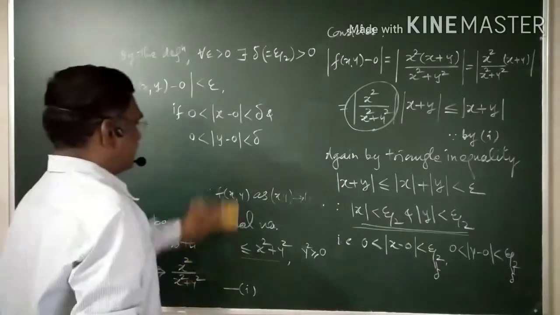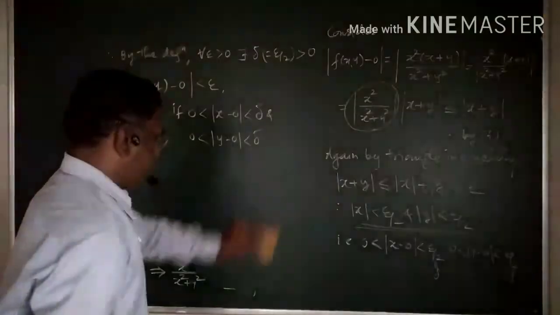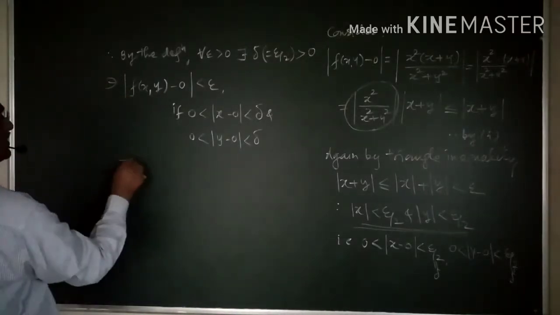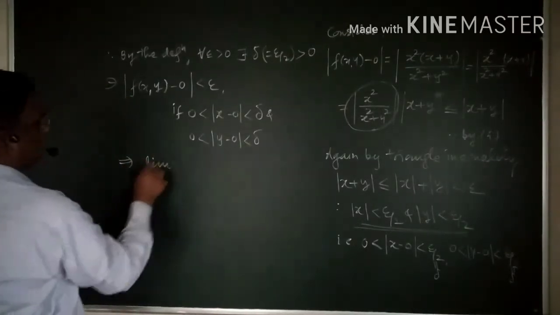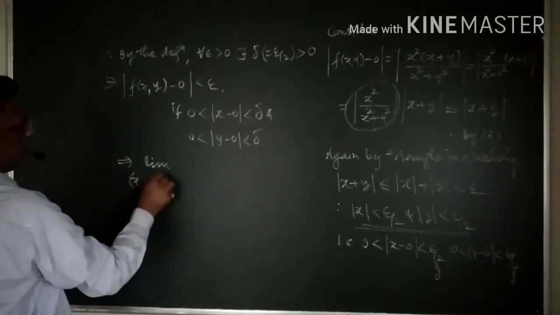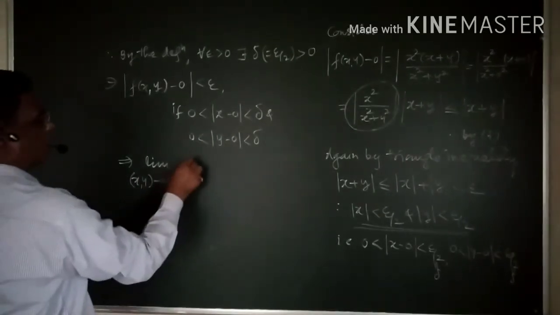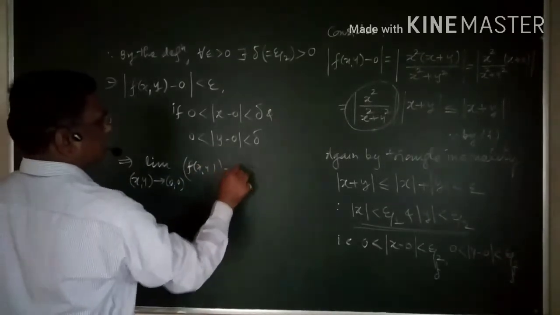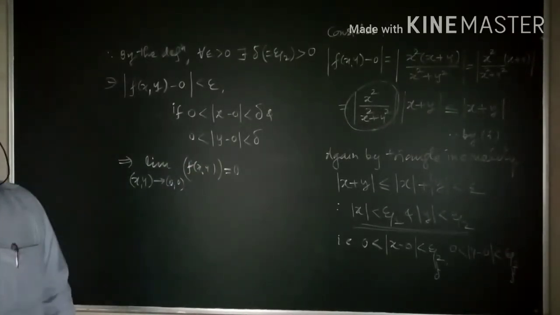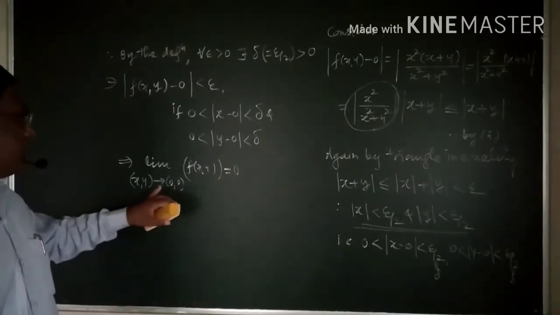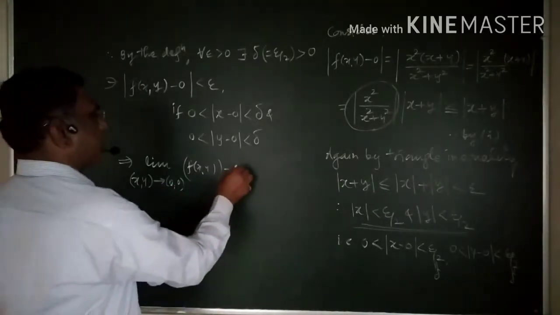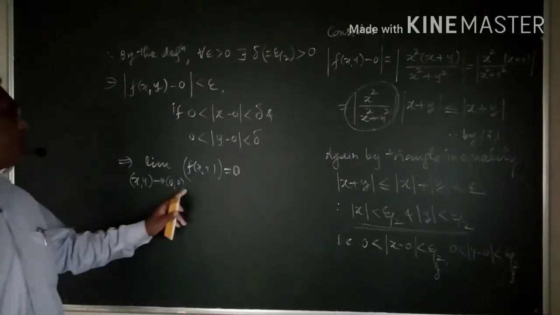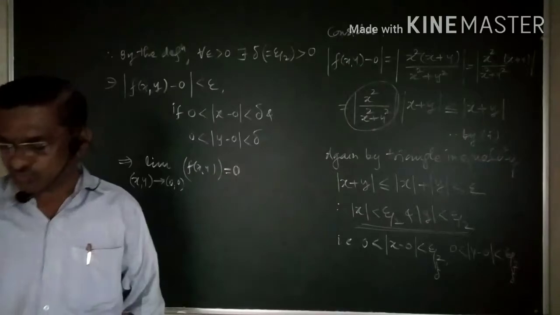And hence by the definition, this implies the limit as (x, y) tends to (0, 0) of f of x, y is 0. In this way we have the answer for our problem: limit (x, y) tends to (0, 0) of f of x, y is equal to 0.